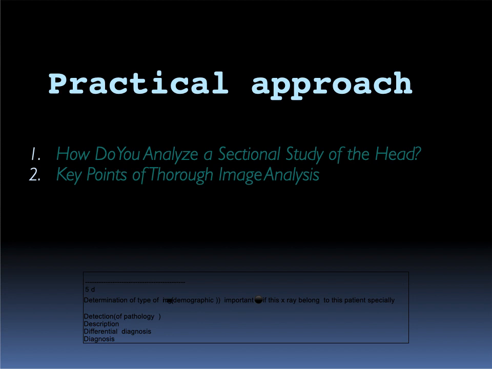So we have to know the practical approach: how do we analyze the sectional study of the head?